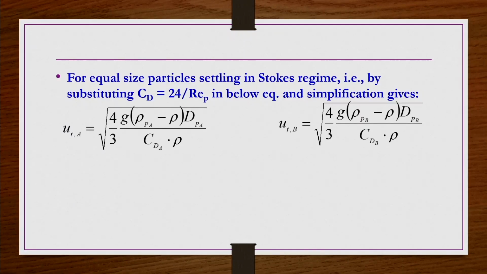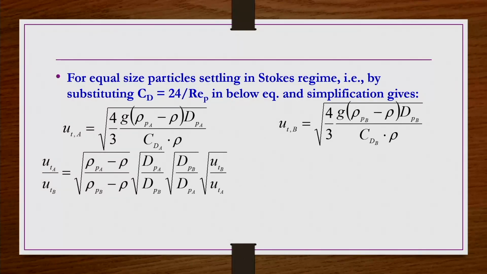Okay. Now Stokes flow regime, for equal size particles settling in Stokes regime, by substituting CD equal to 24 by REP in the equation below and simplifying, we get this. Here we take UTA by UTB. So, (rho PA minus rho) divided by (rho PB minus rho) would be as it is, and dPA by dPB would be as it is, and then the square root of CDB by CDA will come here.